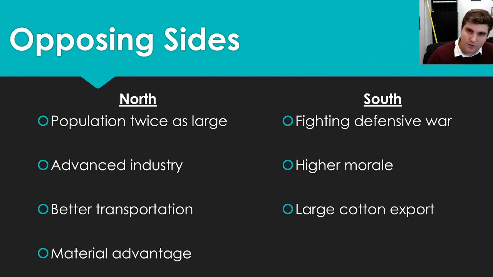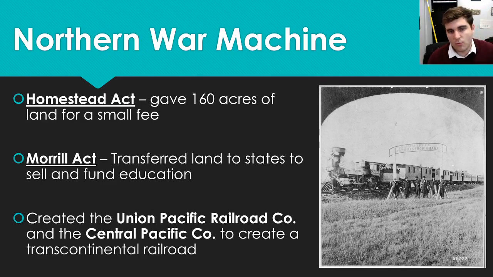Now, the Northern war machine was very large, and it was built on rewarding military service, taking advantage of the higher population and rewarding military service. So in 1862, you had the Homestead Act, which became very important as the United States pushes west following the Civil War.